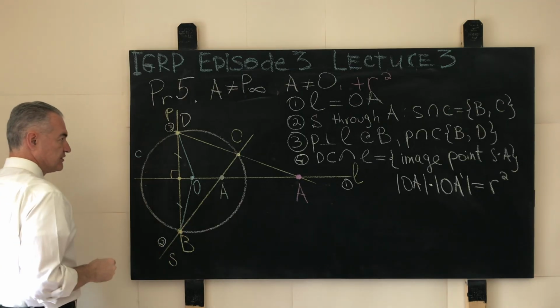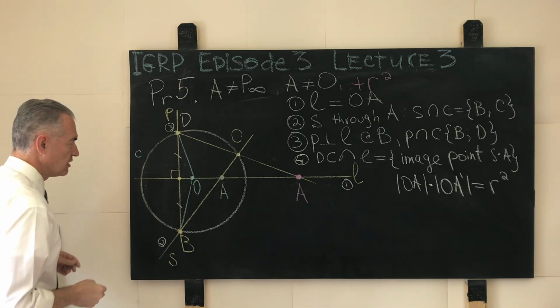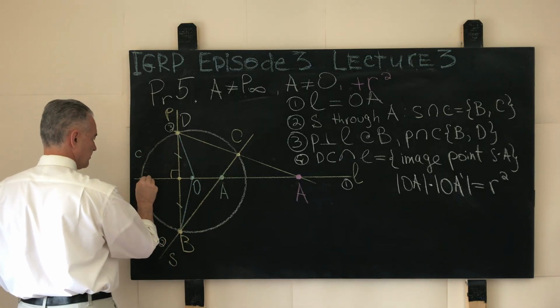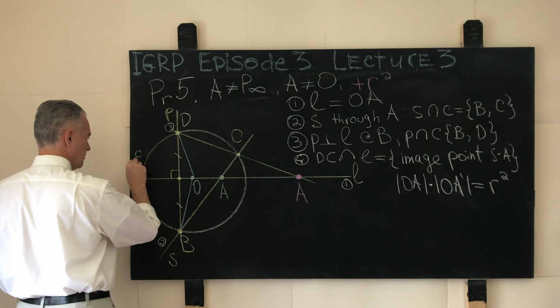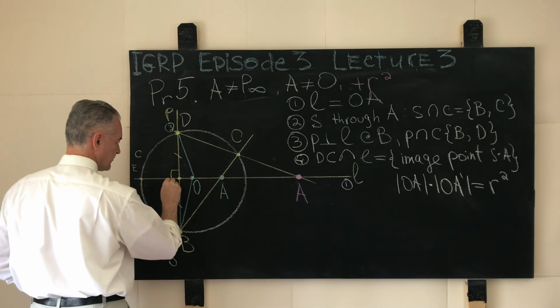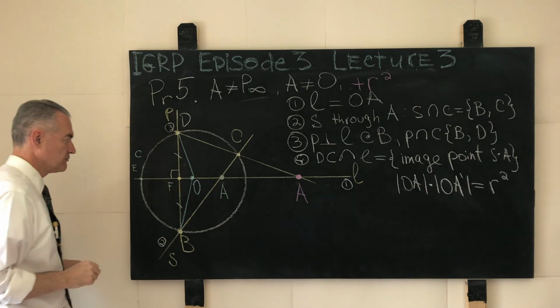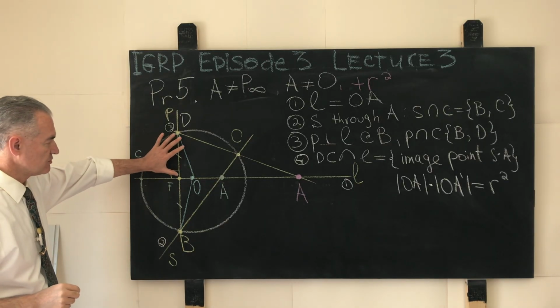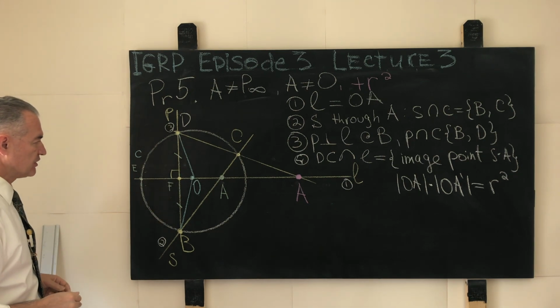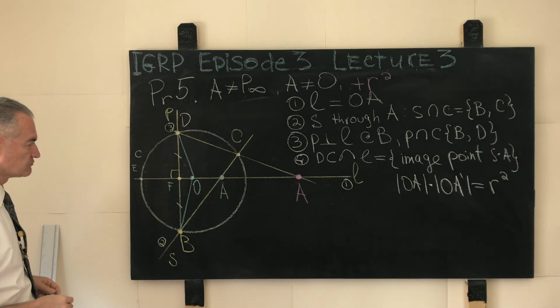If you want to give this point a name, be my guest: A, B, C, D. This point here, another point will be E. We may or may not need it, and this point will be F again. We may or may not need it, but if you want to write it down more formally for a polished presentation, definitely you can do that.